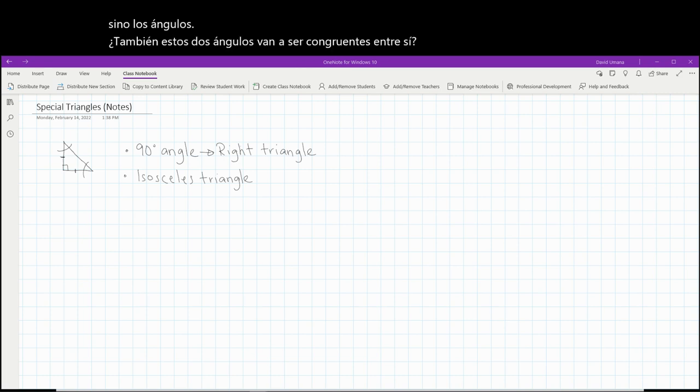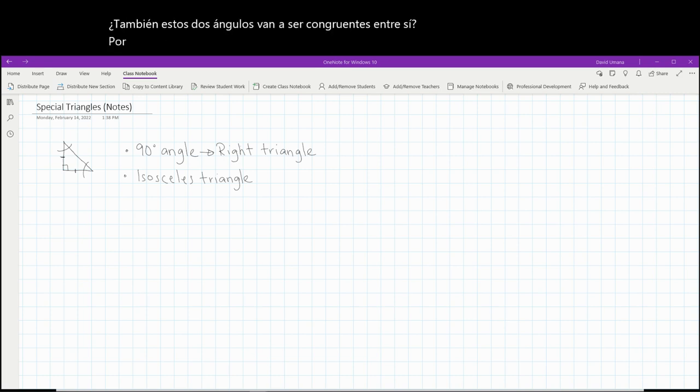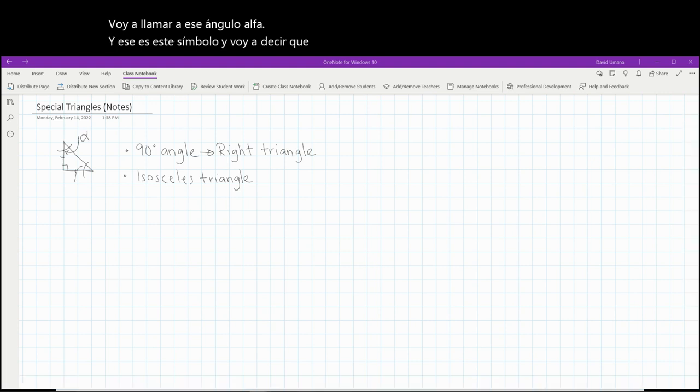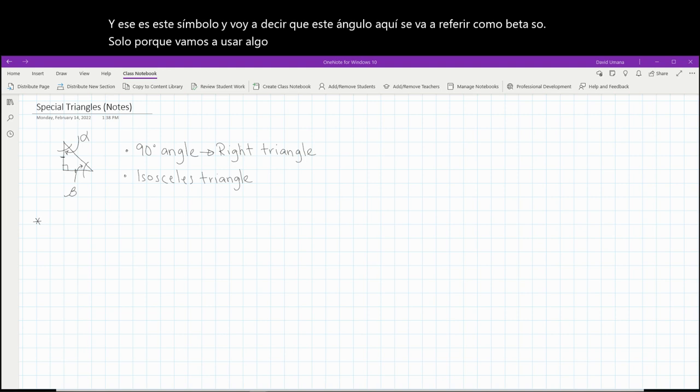Okay. Now, for the sake of just being able to introduce some new information, I'm going to say that this first angle up here, I'm going to call that angle alpha, and that's this symbol. And I'm going to say that this angle here is going to be referred to as beta. So just because we're going to be using some of this language later, these two happen to be Greek letters.